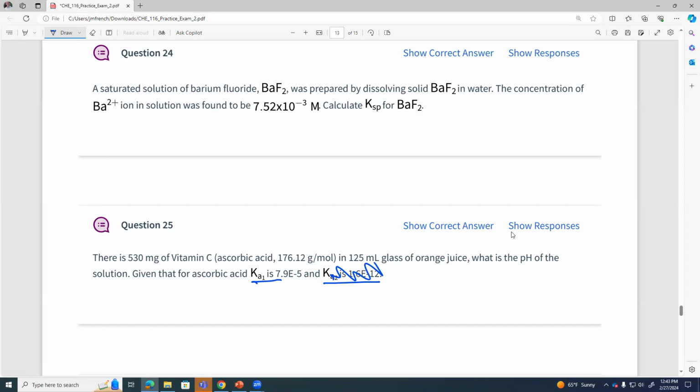So to start off, pH is tied to concentration. I need to find the concentration of this. Right now, I just have mass. Concentration is moles per liter, so I've got to turn mass into moles. Got 530 milligrams.